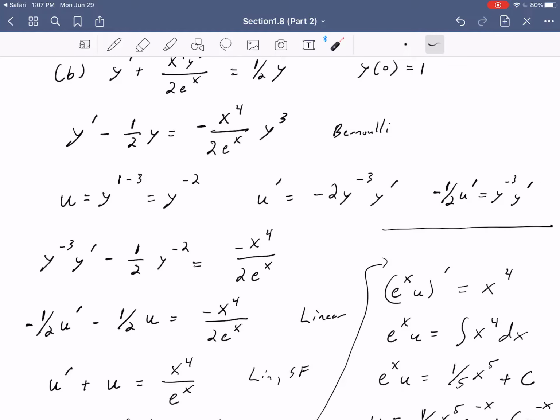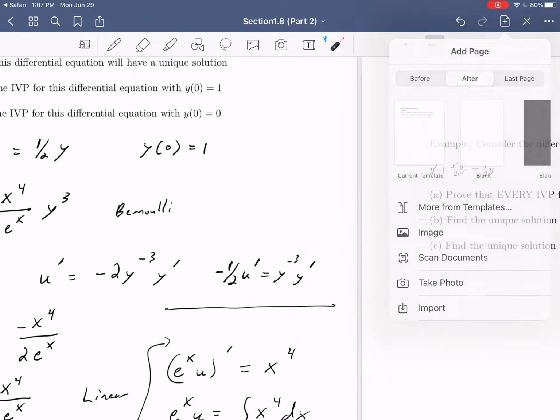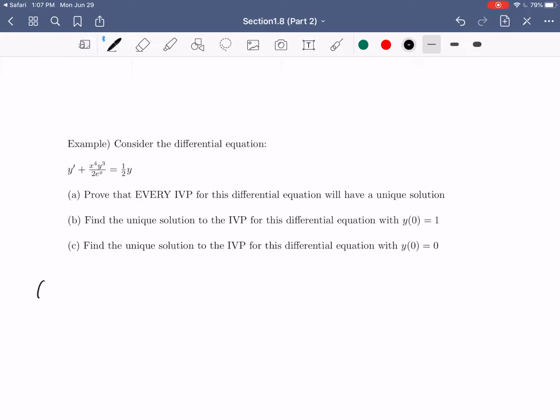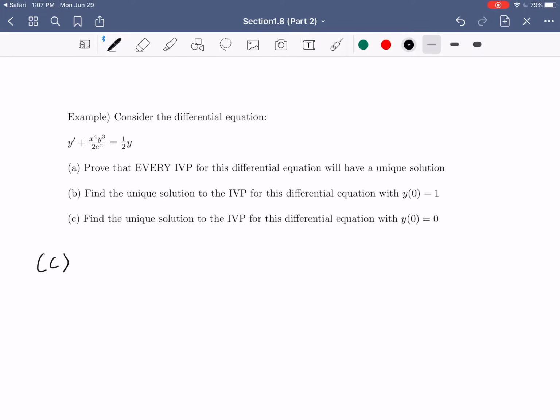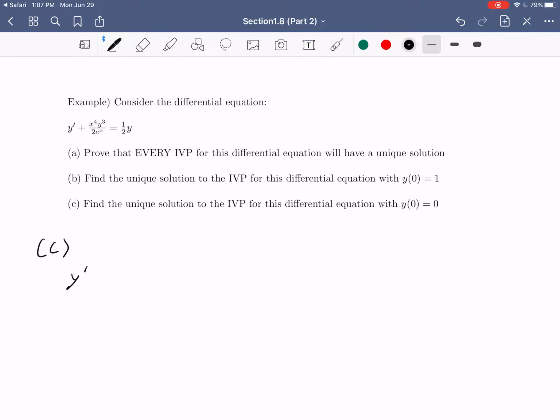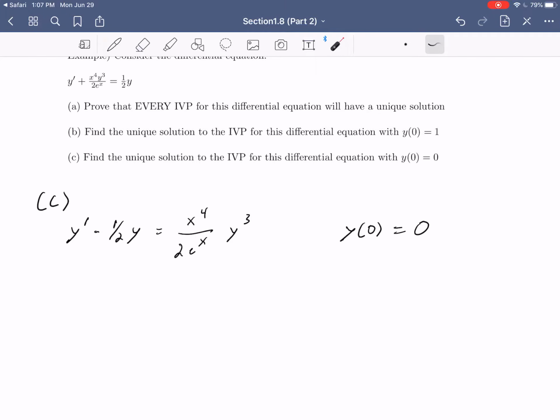solution. So, if we take one more page to look at that, if we look at part C, and we start off with that y prime minus 1/2 y equals x to the 4th over 2 e to the x y cubed, and remember that we have our y of 0 equals 0, in the moment where you divide that y cubed over, notice that that makes the assumption that y is not equal to 0.